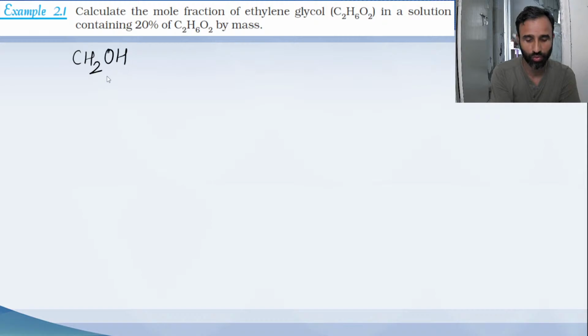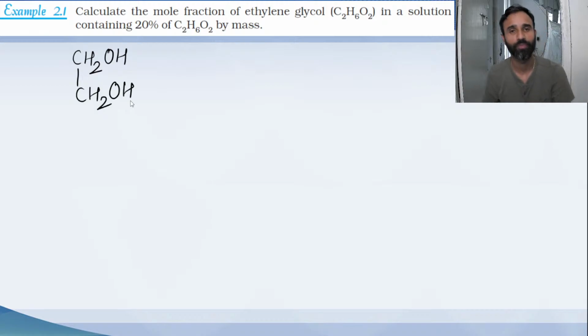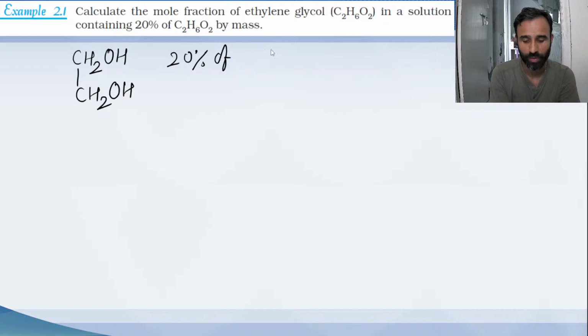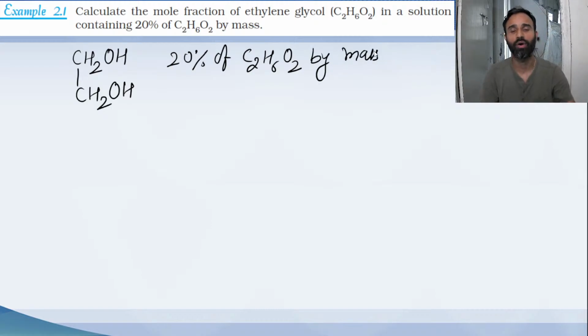It is CH2OH, CH2OH. Okay. So 20% of ethylene glycol by mass is given to us. What does it mean?